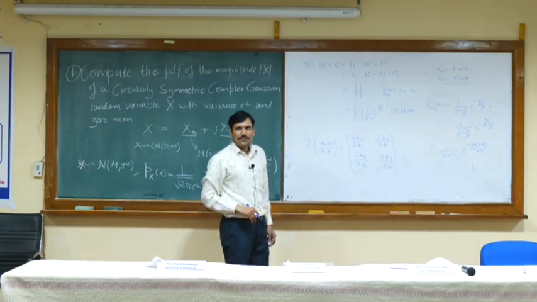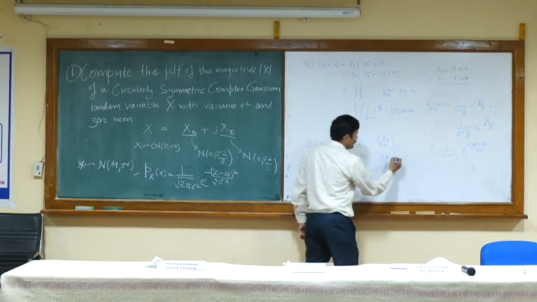Okay? So the Jacobian is this. Now we put the values here.